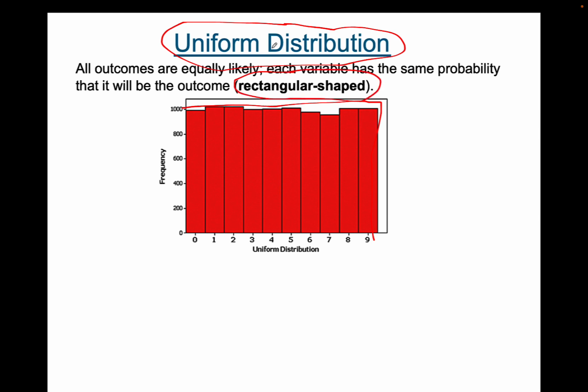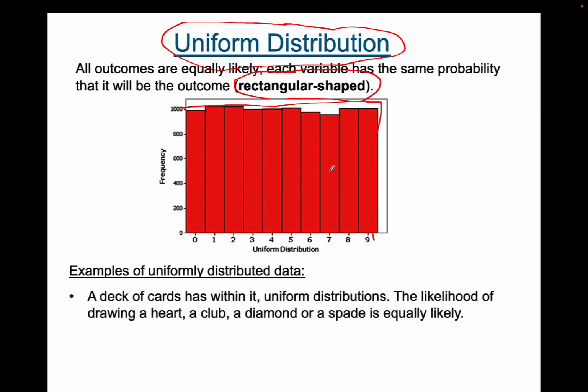Uniform distribution, rectangular shaped. All right, so the stuff we looked at so far, like the pulse rates of pregnant women, that wouldn't take on this shape. That takes on the bell shape. So what would take on this rectangular shape? A deck of cards has within it uniform distributions.